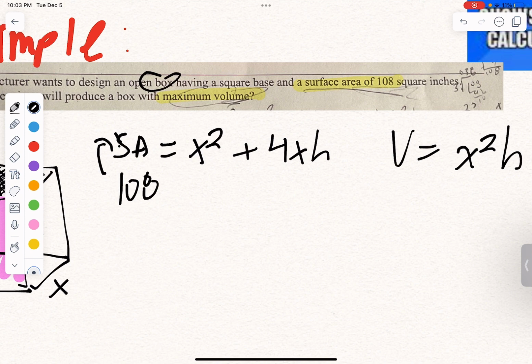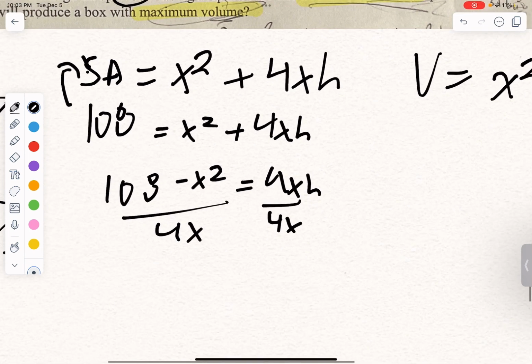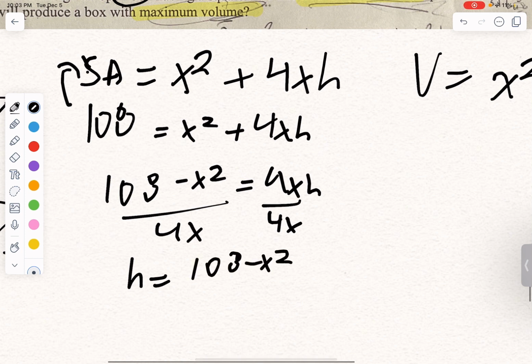So 108 equals X squared plus 4XH. So 108 minus X squared equals 4XH, divided by 4X on both sides. So then we get H equals 108 minus X squared over 4X.